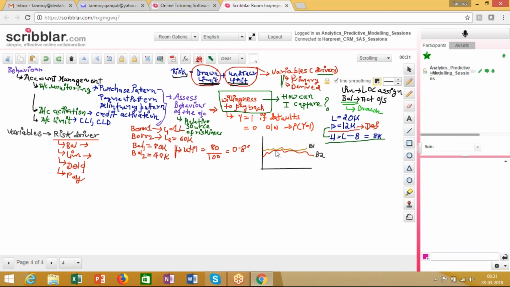What I can see is that there have been instances where the utilization has been more or less similar, but the average utilization of borrower one has been relatively higher compared to that of borrower two.